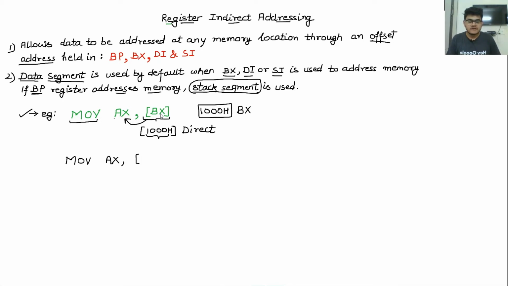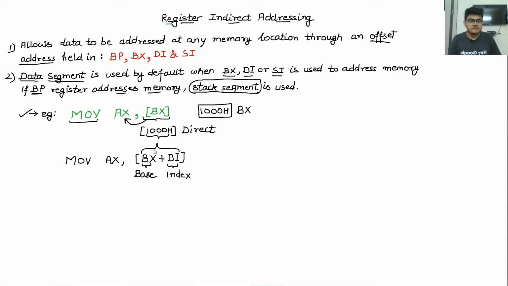Now in the same instruction, MOV AX comma, instead of BX alone, let's suppose I also want to provide an index, DI. This index will have some value, let's say 10H or 20H. BX is known as the base register, and we are adding the index to this base register, so that we get an offset address.